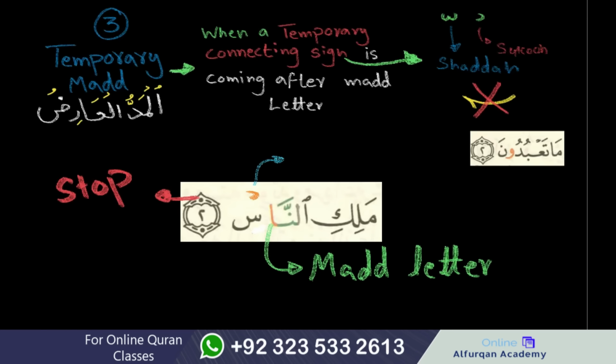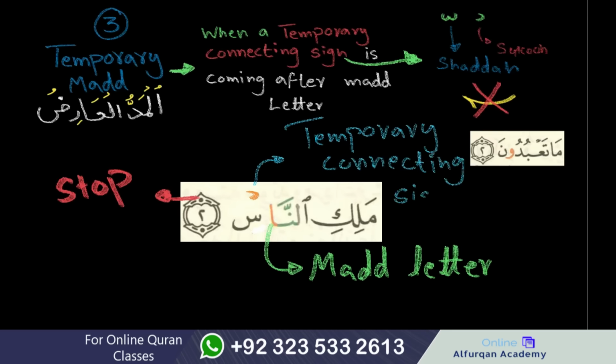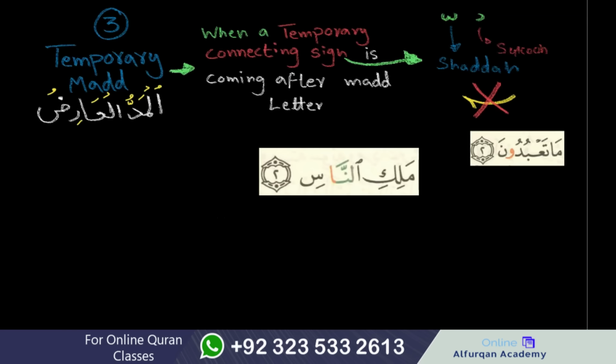So now you can see we have a mad letter, and after that, a temporary connecting sign is coming. In this case, the na sound, we are going to make it for 4 counts, and then we are going to connect with letter sin. Becomes Malikin Nas.